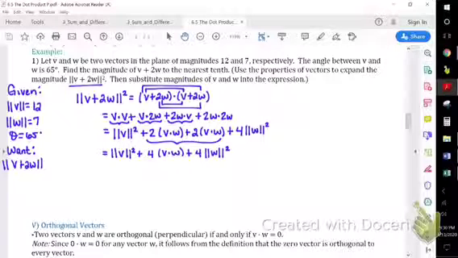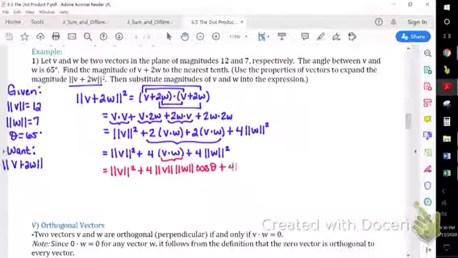Okay, so we're looking at this. Wait a minute. This is what we've been doing earlier in this lesson, isn't it? So I'm going to change that over. I've still got my magnitude of v squared plus 4, but remember, v dot w is the same thing as the magnitude of v times the magnitude of w times cosine of theta.